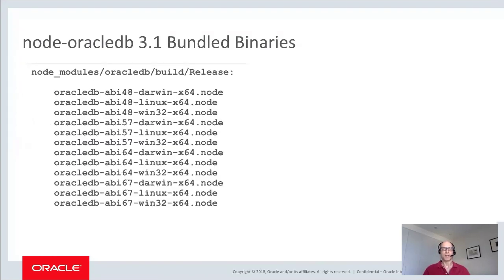Bundled binaries. I just have one quick slide on that. We did a change in the install process for Node-oracledb 3.1. Now when you do an install, you will get all of those binaries as you see there installed. Previously, we only installed one, and we had a kind of bootstrap process, so we had a two-stage install process.